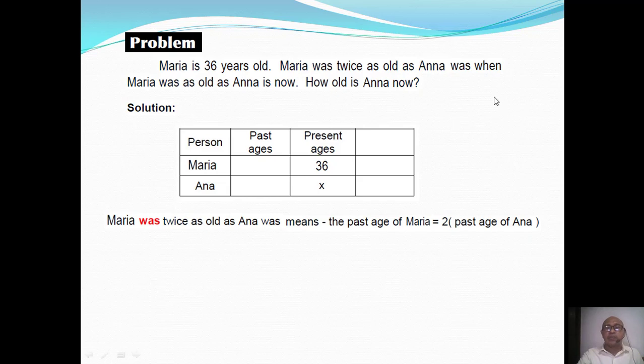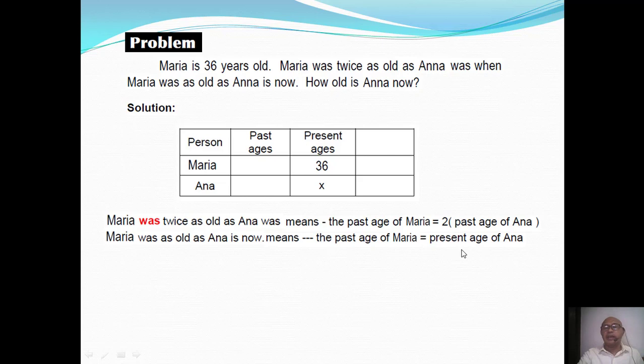And the statement, when Maria was as old as Anna now, means that the past age of Maria is equal to the present age of Anna.